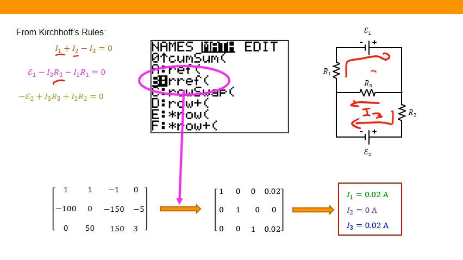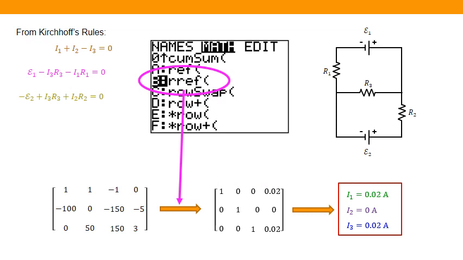But if we did that, then we could get R3. It would just be, instead of having a vector where this is I1, I2, and I3, we would instead maybe have a vector where it's I1, I2, and R3.